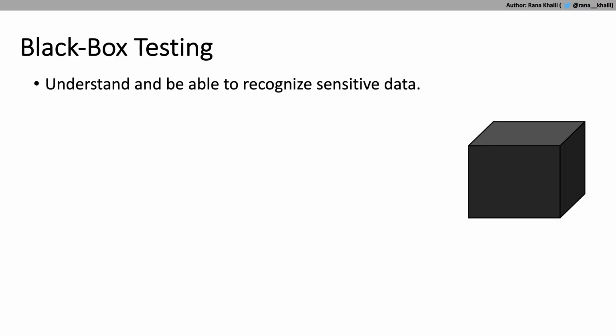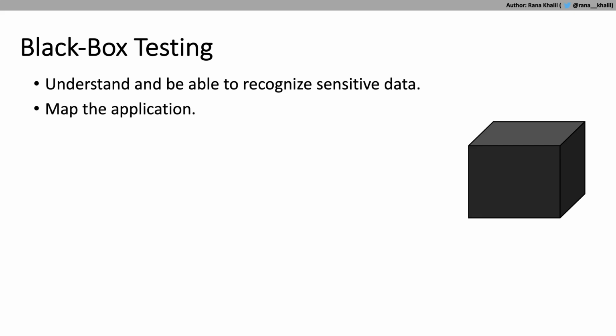Personally, I always find information disclosure vulnerabilities in the penetration tests that I do, and when I report them, I would say at least 60% of the time the developers didn't know that that information should be considered as sensitive and that it could potentially help me as the attacker in further customizing my attack. And so it's really important that you're able to identify which information is sensitive and which information is not.